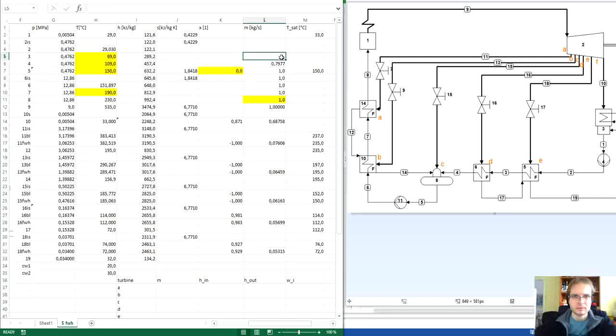And this is the mass flow rate that is also on the remaining downstream points up to the point number 1.